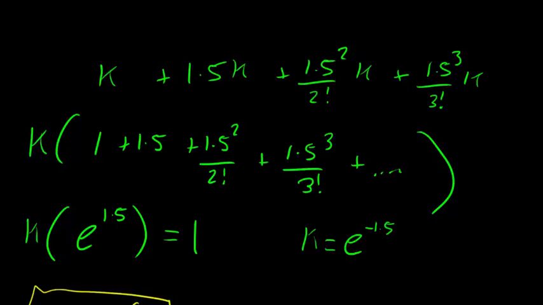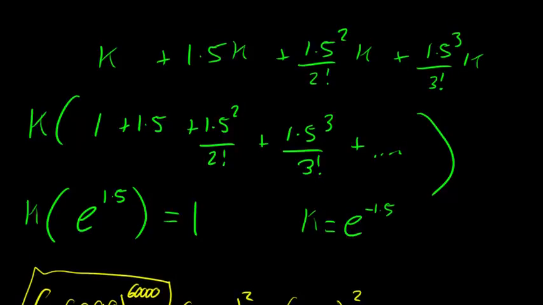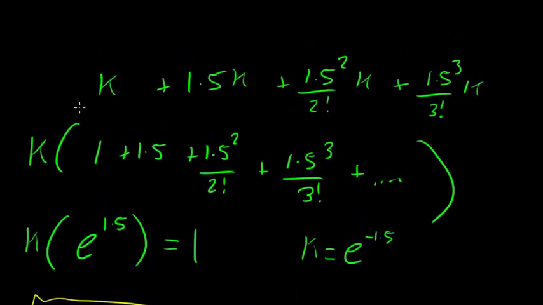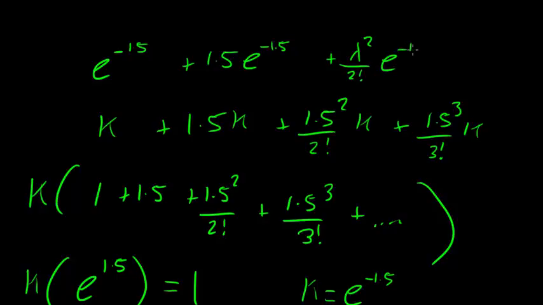And what I end up with is my nice Poisson distribution, where I have e to the minus 1.5, e to the minus lambda, plus lambda e to the minus lambda, plus lambda squared over 2 factorial e to the minus lambda, so on and so forth. And so this actually does link in to a binomial distribution.